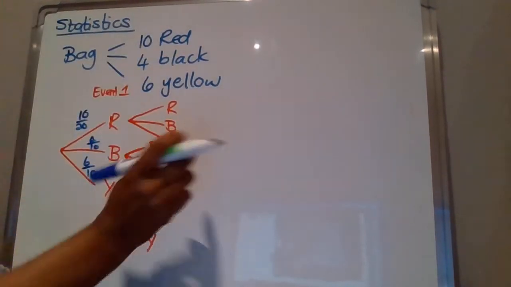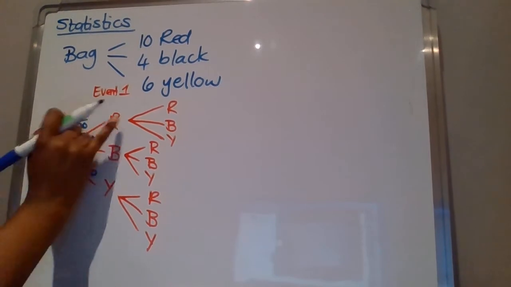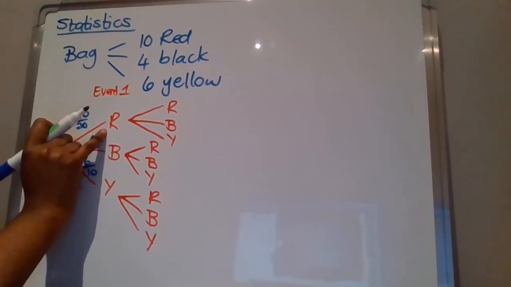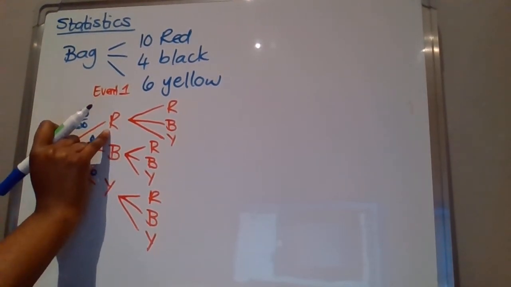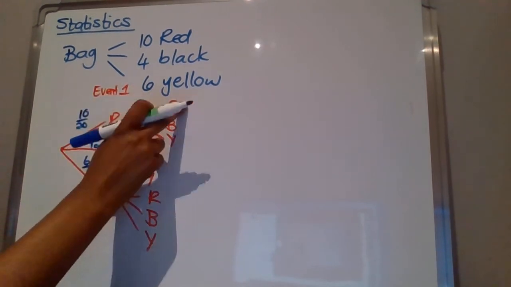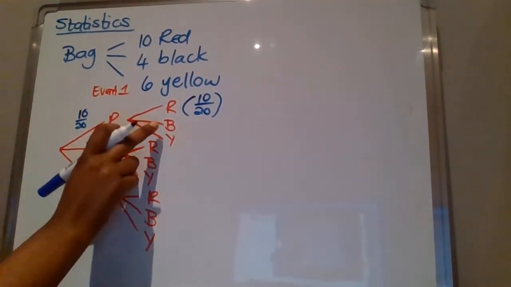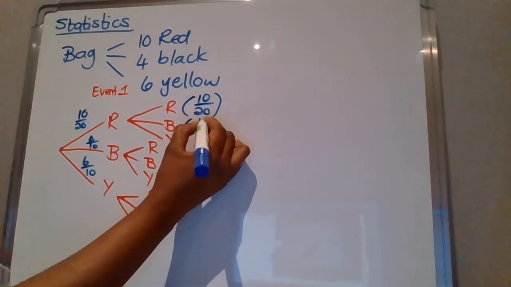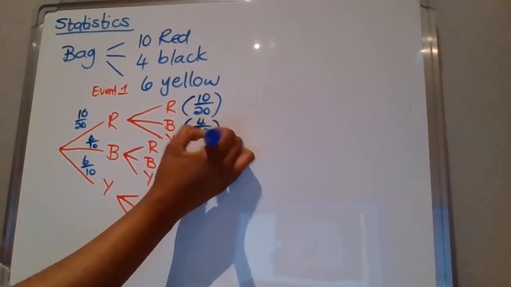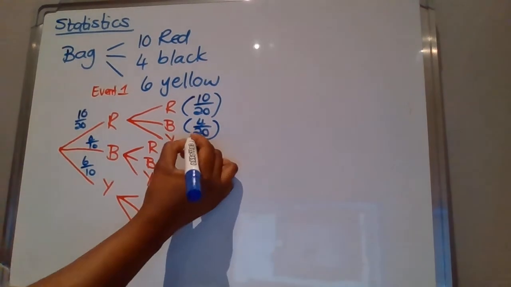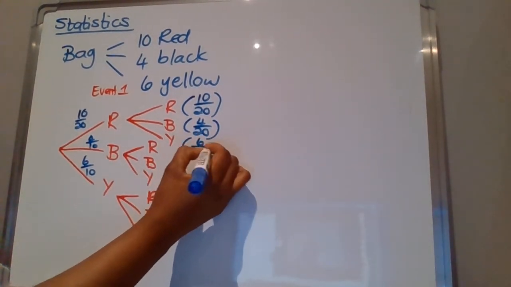Okay. So now, if I took out, let's say I got a red ball, and then I put it back into my pack, how many red balls do I still have? So here the probability is still going to be 10 out of 20. Okay. Here the black balls, how many balls do I have? It's going to be 4 out of 20. All right. And here it's going to be 6 out of 20.